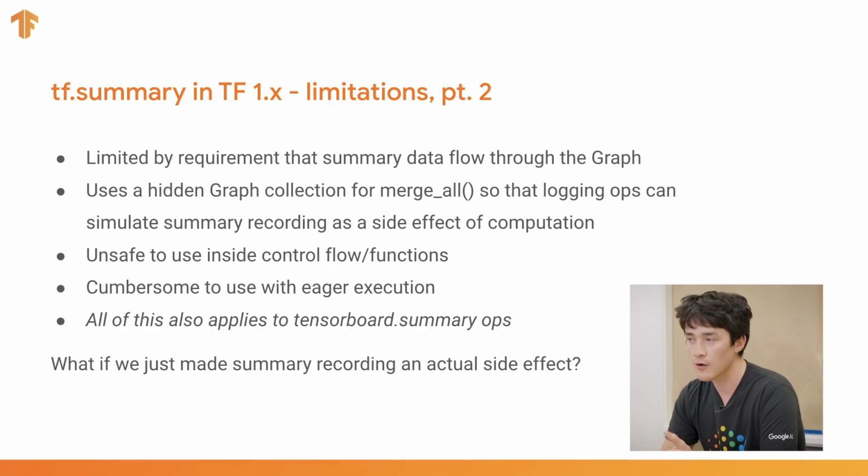And also with eager execution, it's very cumbersome to use. You would have to keep track of the outputs by hand or in some way wait to send them to the writer. And these limitations also apply to TensorBoard.Summary ops themselves because they don't really change anything about the writing structure. And these limitations have led to the prompt of, what if summary recording was an actual side effect of op execution?